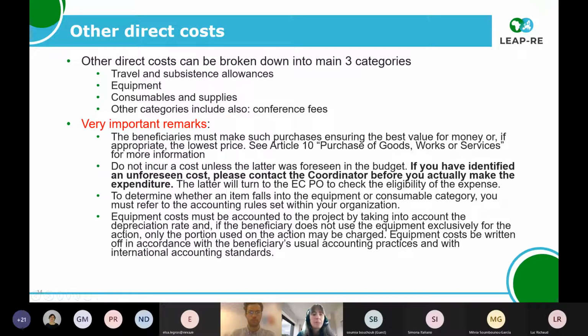Just for you to know, if you have equipment costs, please note that there is a specific way of accounting for equipment costs, notably to be reimbursed. So I invite you to read the remarks that are written there, and if you need further information, please refer to the article that we cited here.